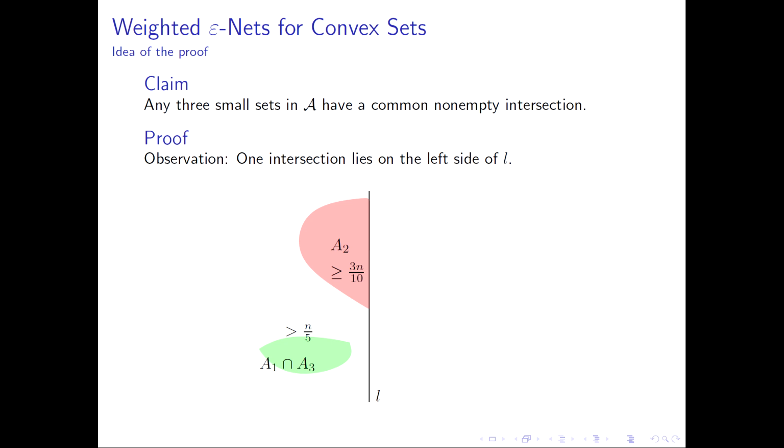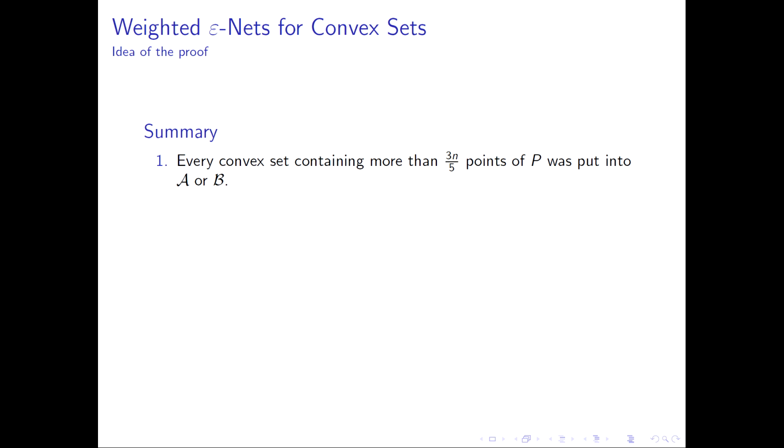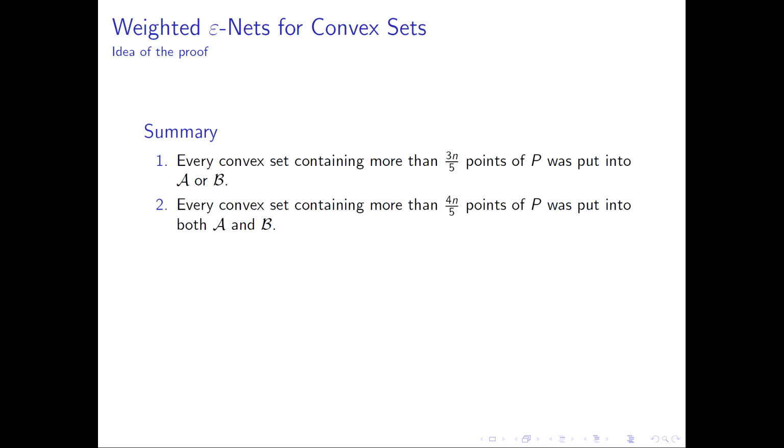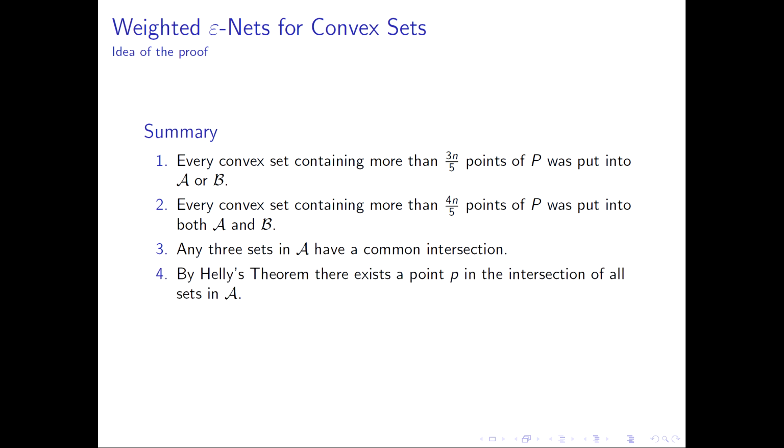Hence the claim is true. So let me summarize a bit. Every convex set containing more than 3/5 of the points was put into A or B. Every convex set containing more than 4/5 was put into both A and B. And any three sets of A had a common intersection. So by Helly's theorem, there exists a point P in the intersection of all sets in A. And we do the same for B, and we get P1 and P2, the weighted epsilon net of size 2.